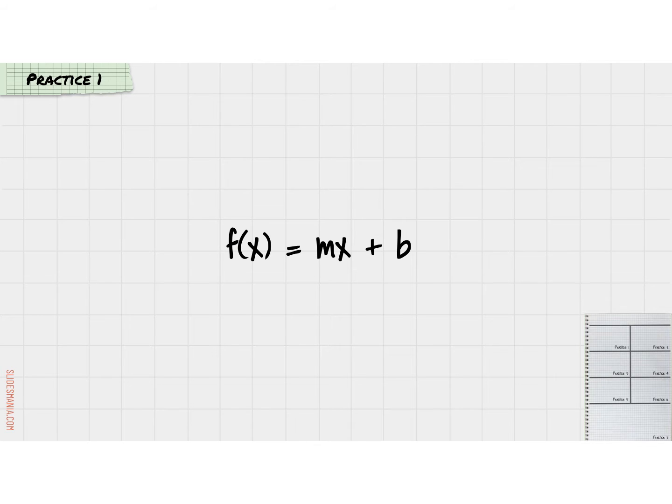So practice number 1, make sure that you copy this one in your notebook. It goes in this box, all right? In this box, you're also going to put some important information, and that important information is that the X is known as your input, okay? We also call that our independent variable.